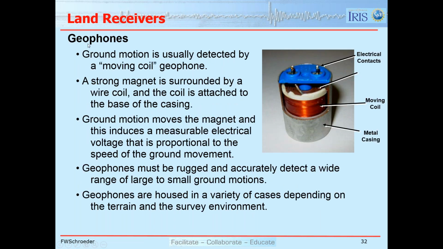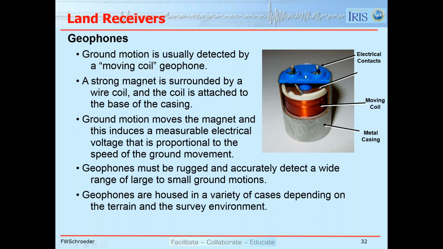The receivers for land are called geophones. They detect motion, and the older ones, which is shown here, would have a central magnet and wire wrapped around it, and as the magnet moves, as the land surface moves, that would induce a current in the wire that is wrapped around it, and so that electrical voltage is recorded as a signal.